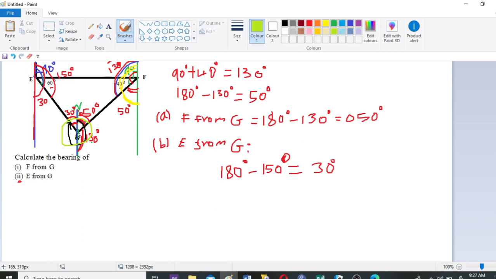So to find the remaining part, we say 360, the total angle for a complete circle, minus 30 degrees, the small angle we have calculated there, and we are going to get 330. So 330 degrees is the bearing of E from G.